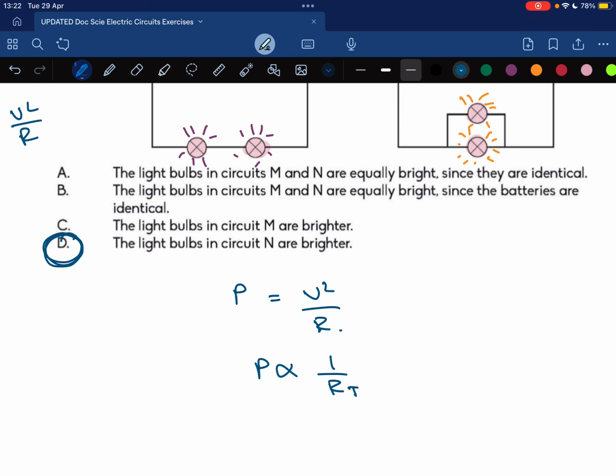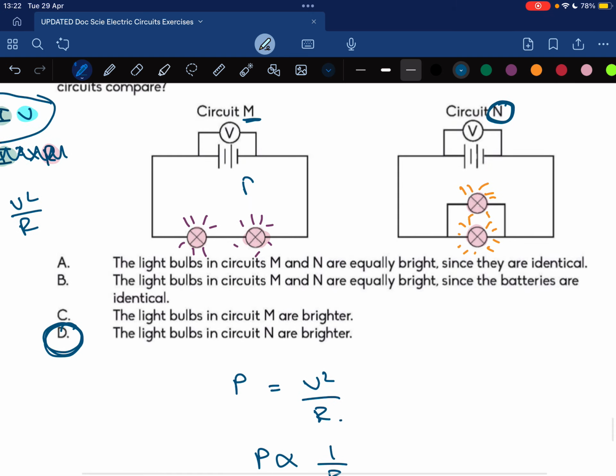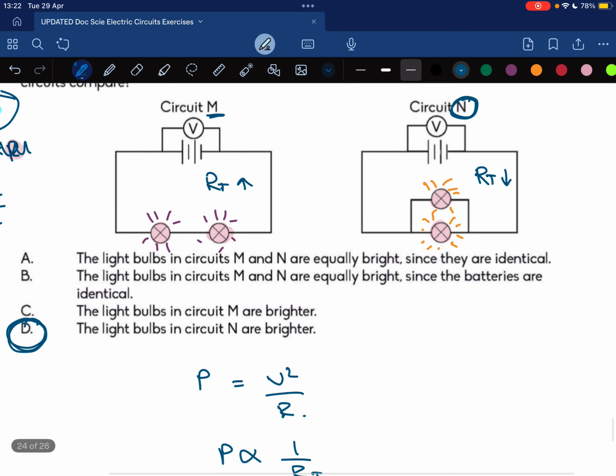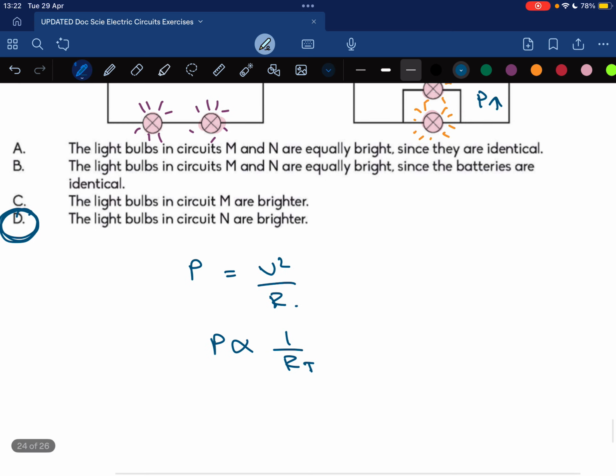Now, if I think about it, the total resistance here is higher than it is here. Which means that if the total resistance is more in circuit N, then the power is going to be more here because of this relationship that we've established there.